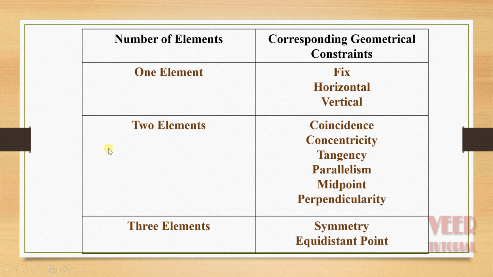And if we have two elements, like two lines or a circle and a line, in that case we can apply these constraints: coincidence, concentricity, tangency, parallelism, midpoint and perpendicularity. And if we have three elements, we can insert symmetry or we can make them equidistance. So these are some of the examples of constraints.